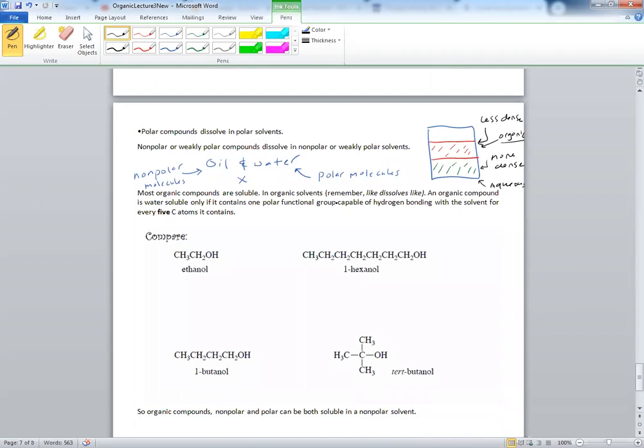So how do we determine the solubility here? There are some guidelines. Most organic compounds are soluble in organic solvents.